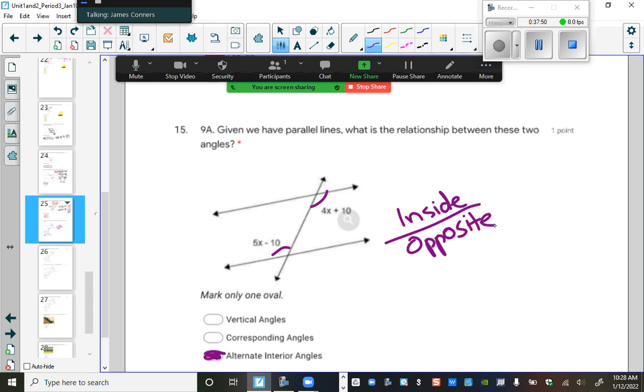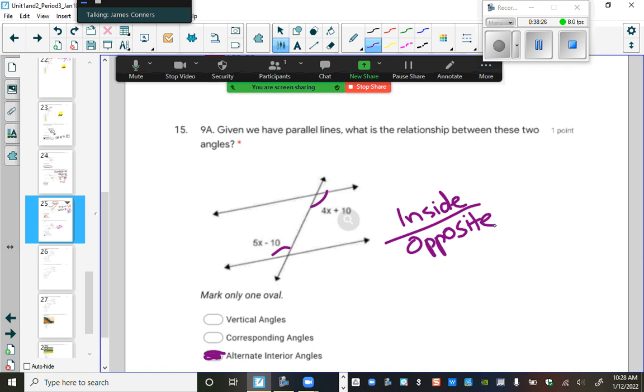But the general relationship between alternate interior angles may not always add up to 180, it may not always add up to 90. But there's something else. What is the relationship with alternate interior angles? They're always something. What type of relationship?